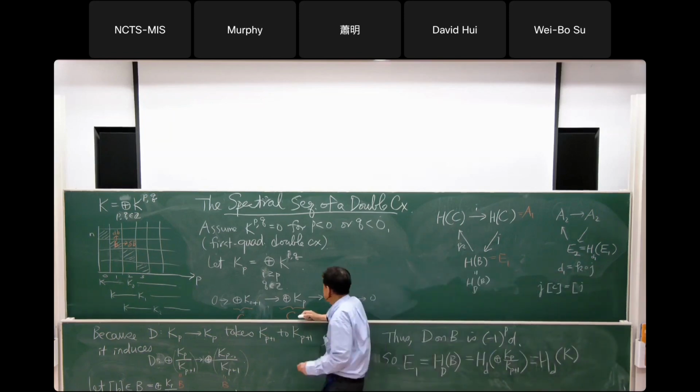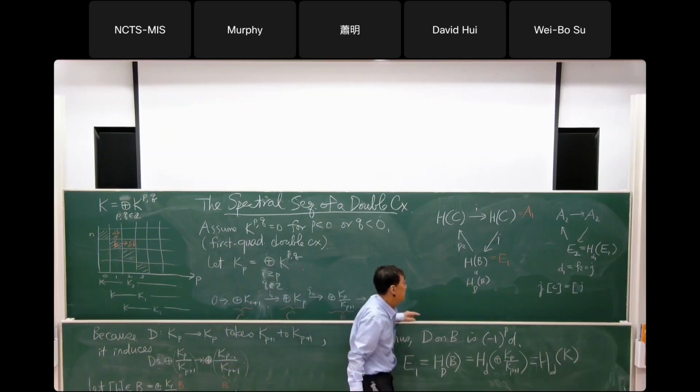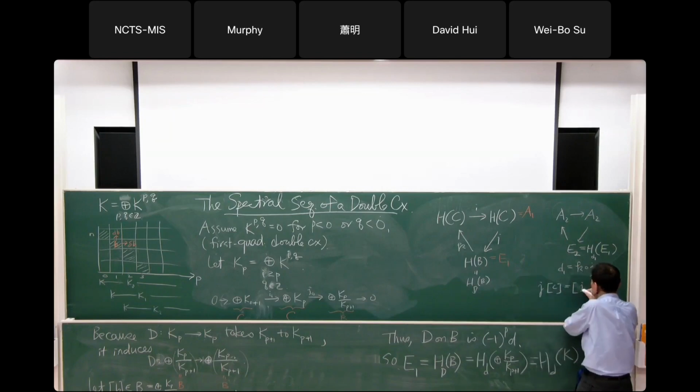This one is I0, this is J0, and so you just project down C, and then you take its homology class. This was the definition of J.